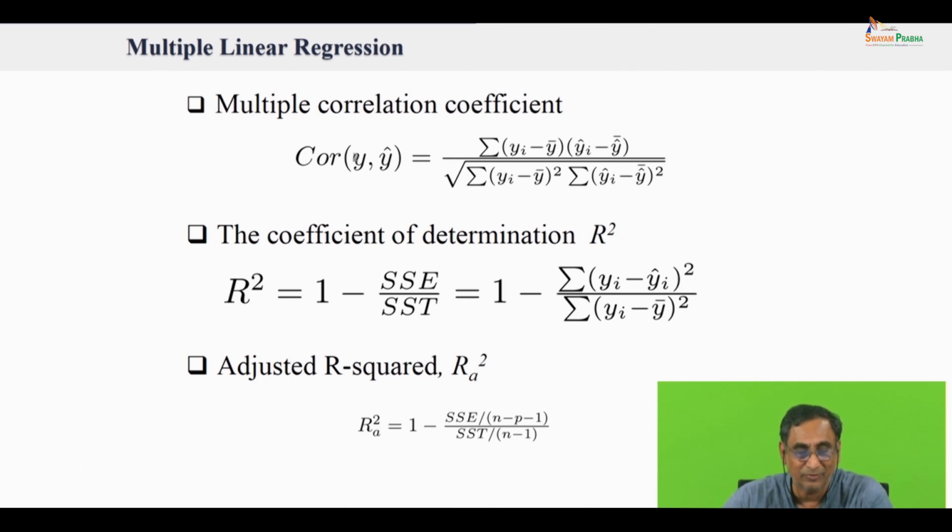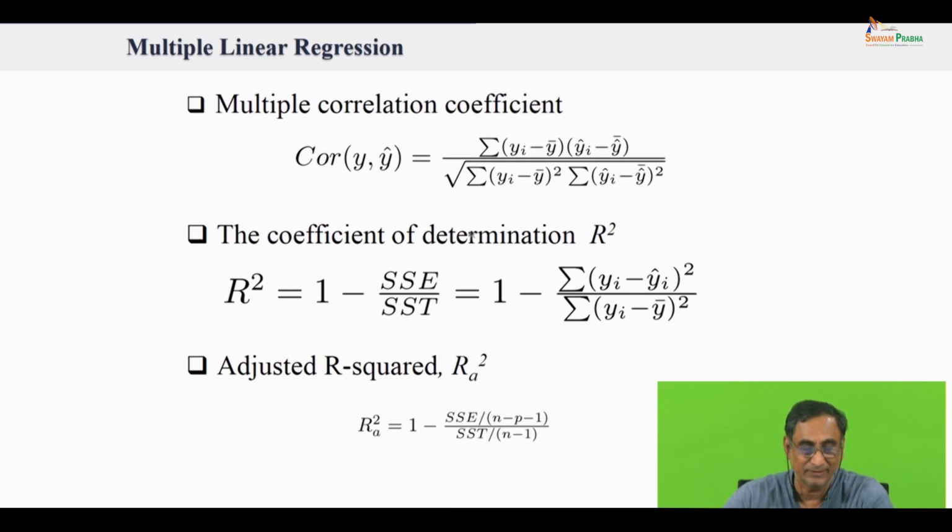Another way of doing this is to find the correlation coefficient between y and y hat, which is simply using the standard formula: yi minus y bar multiplied by yi hat minus y hat bar, summed over all quantities, divided by the standard deviation in y and the standard deviation in y hat. That is for normalization.